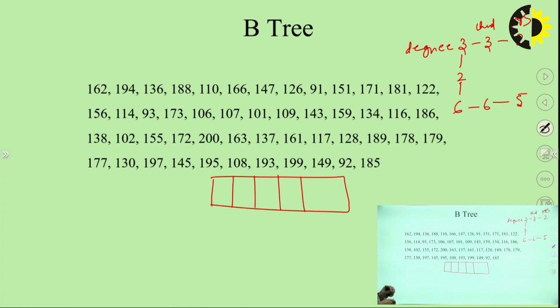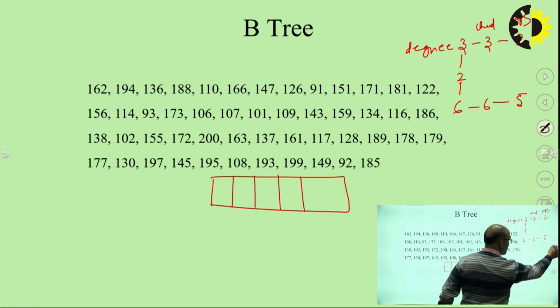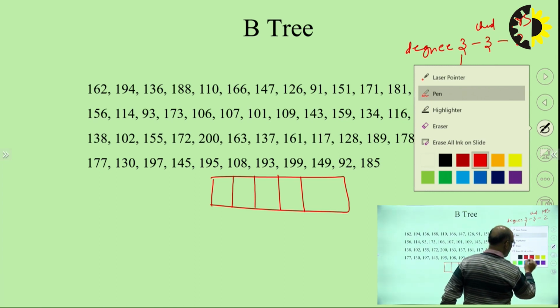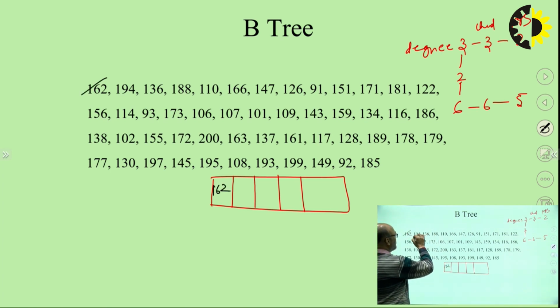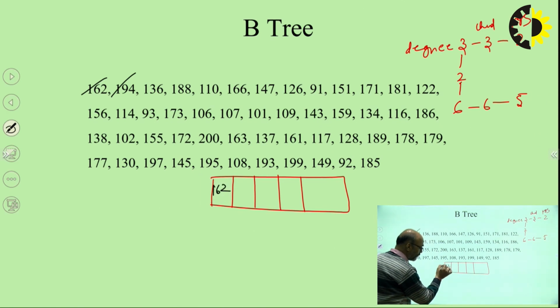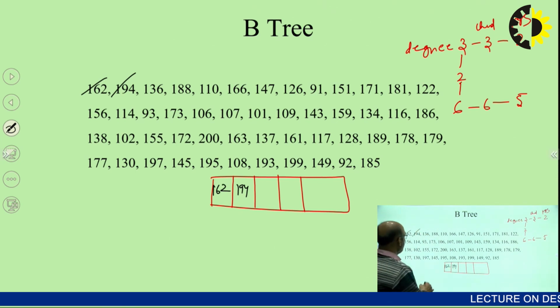First pick the 162. There are no keys here. Now, insert 162 here. Now, coming to the second value 194. 194 will come and be compared with this. 194 is more than 162. It will occupy the next empty position. Next, coming to 136.